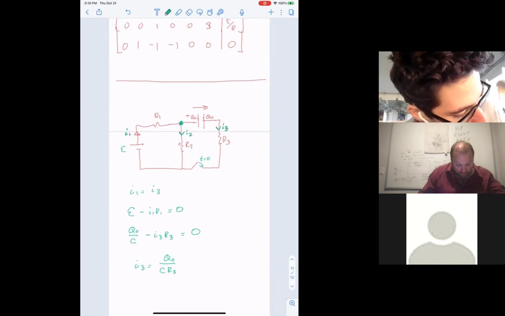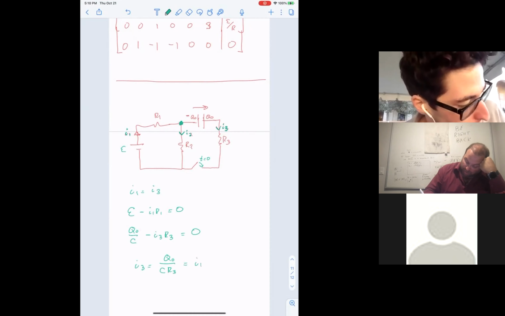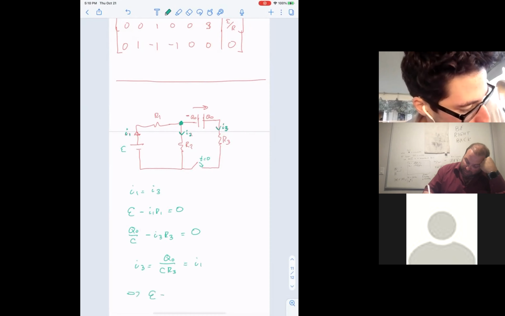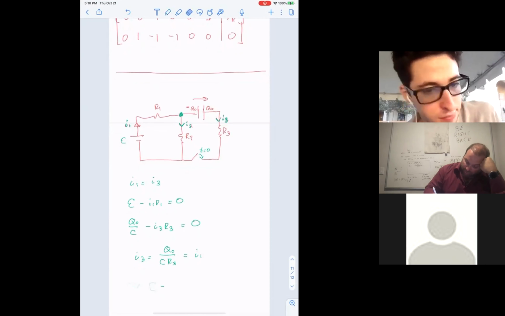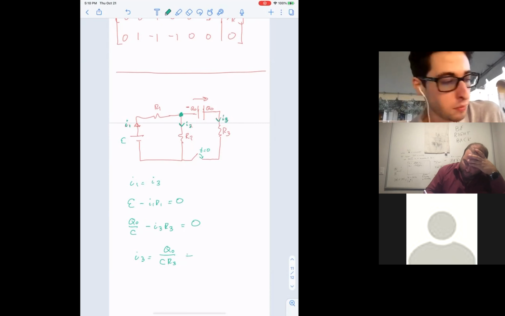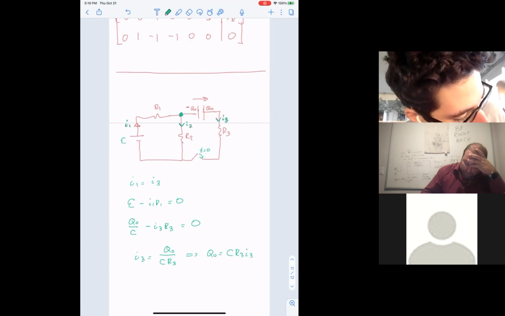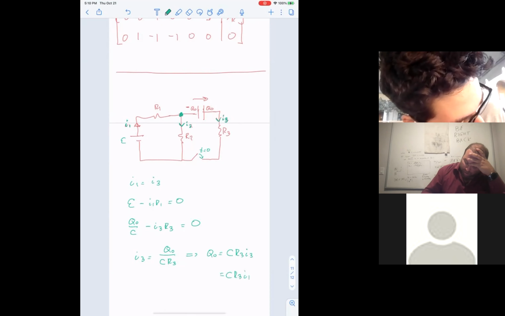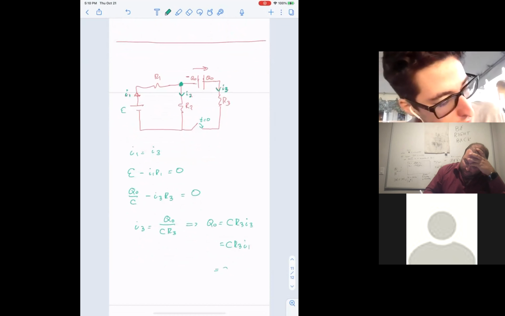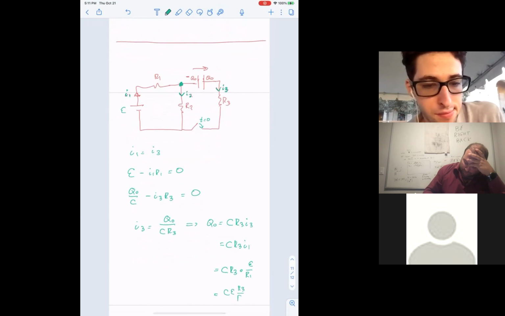And I3 is also equal to I1. So the charge Q naught is equal to C R3 I3, which is equal to C R3 I1, which is equal to C R3 E over R1, or C E R3 over R1.